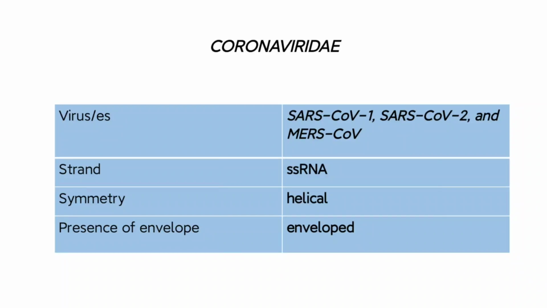So, unang panahon, this family of viruses originally came from animals. These are animal viruses na napunta sa isang human susceptible host. Ulitin natin, the family Coronaviridae is considered a public health risk.